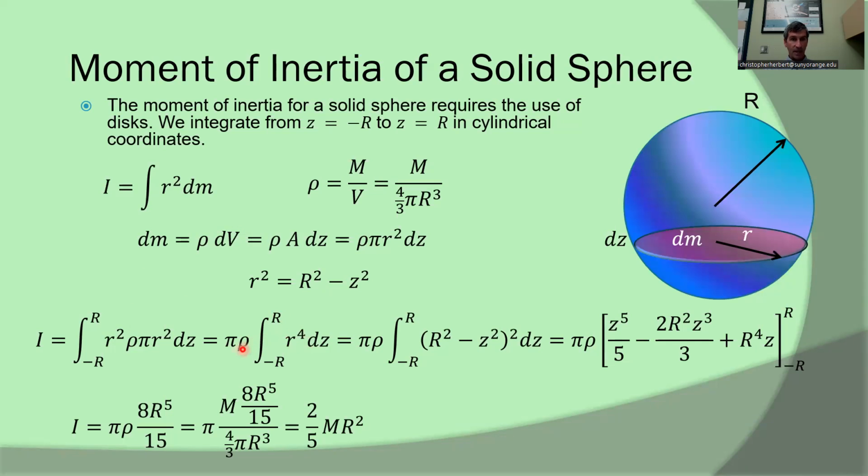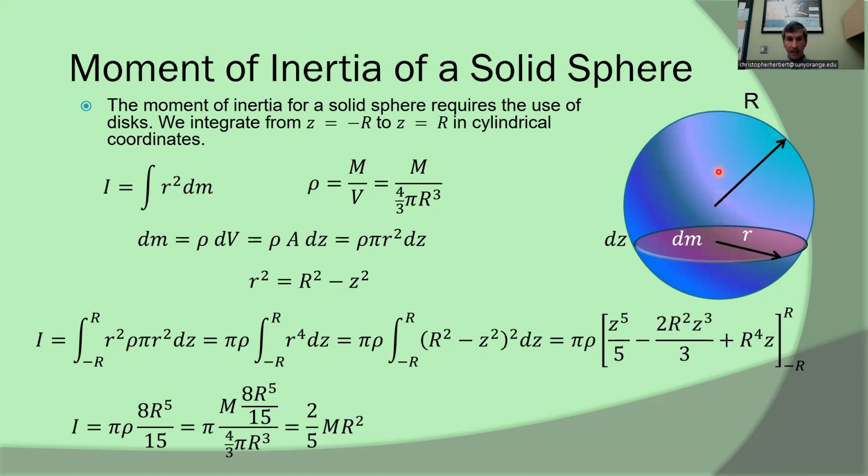We combine these, take our constants out front. Now I'm going to replace r to the fourth with r squared squared, which is r squared minus z squared, then squared. I do this integral, and I get this integral right here. Remember, it's not just r squared minus z squared. That'd be simple. That'd be easier. I get this more complicated integral, and then simply integrate from negative r, which is the bottom of the sphere, to the top of the sphere, which is r.